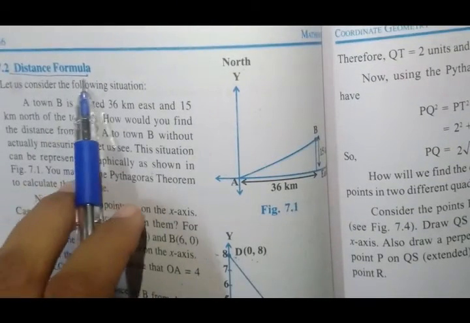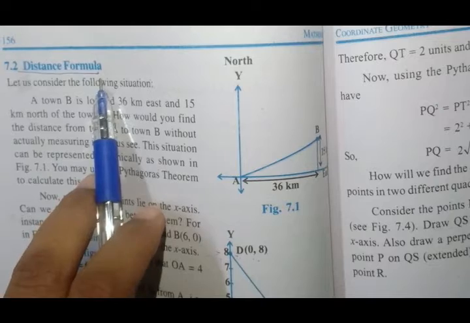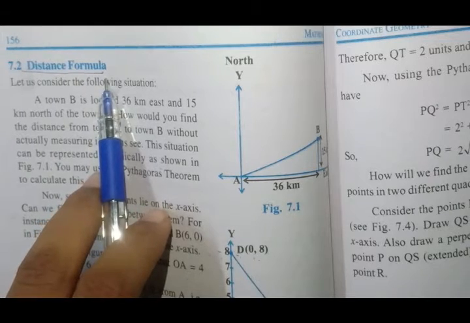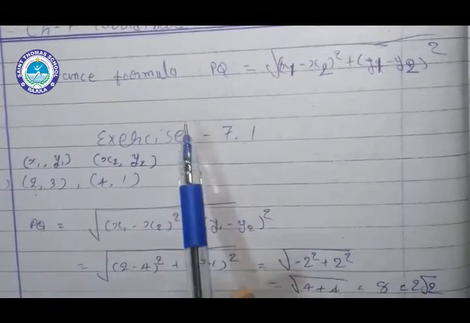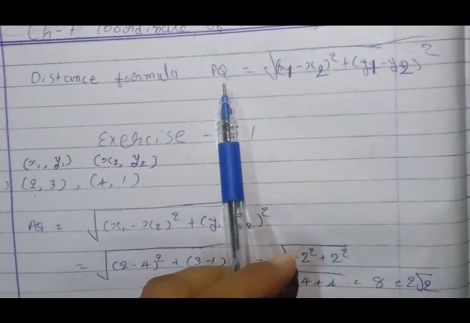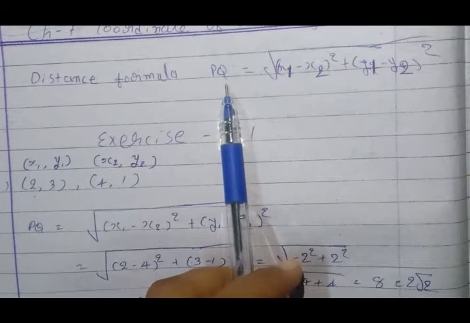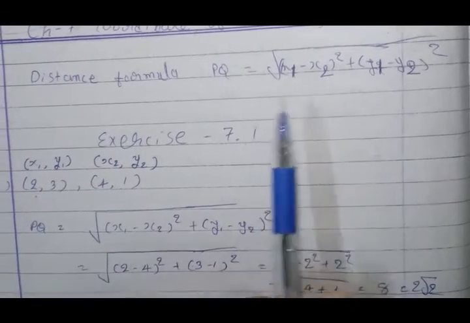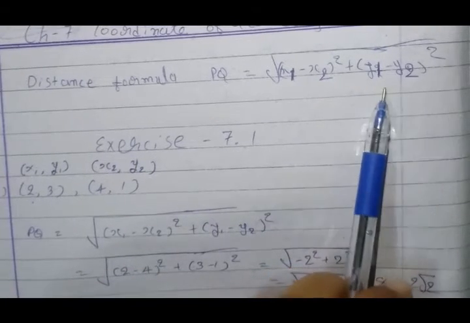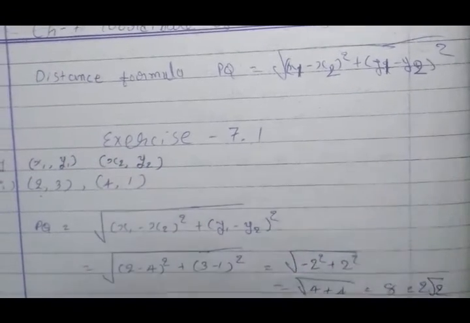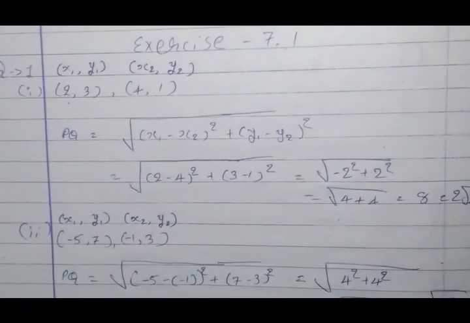In the distance formula we have to find the distance between two points on a graph. What is the distance formula? The distance, denoted PQ, AB, CD or any figure, is equal to root of (x1 minus x2) whole square plus (y1 minus y2) whole square. Now exercise number 7.1.